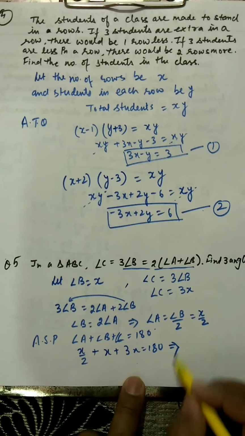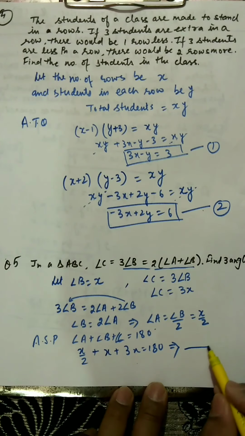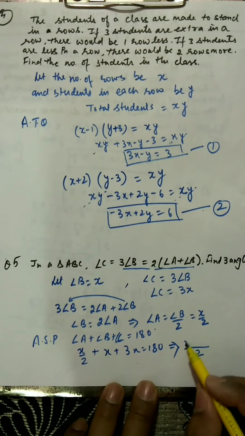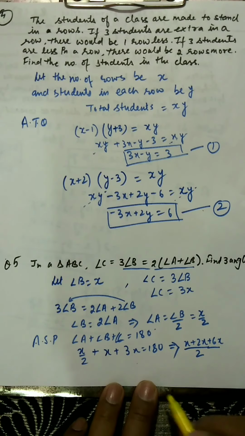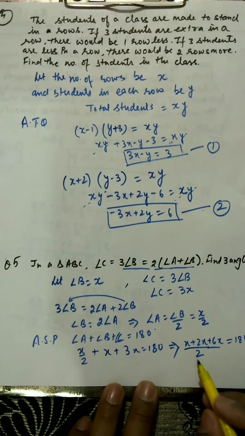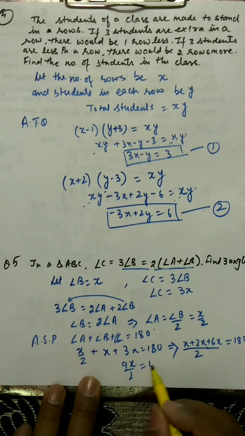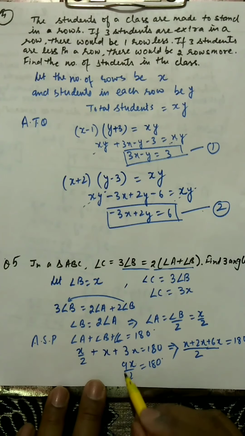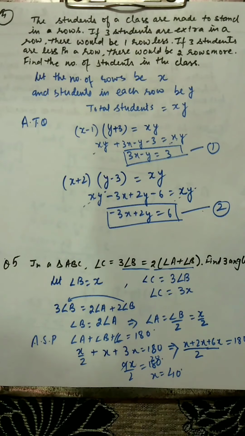So I can simplify this, and if you take the LCM, this will be 2, and this is x, this is 2x, and this will be 6x, and this is going to be 180. So this is 9x. So you can write that 9x upon 2 equals 180. So you can simplify this is 20, and x will then be 40. So your value of x has come as 40.